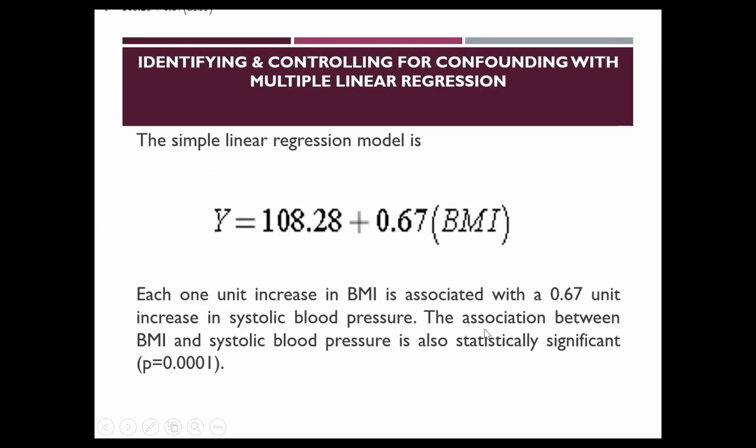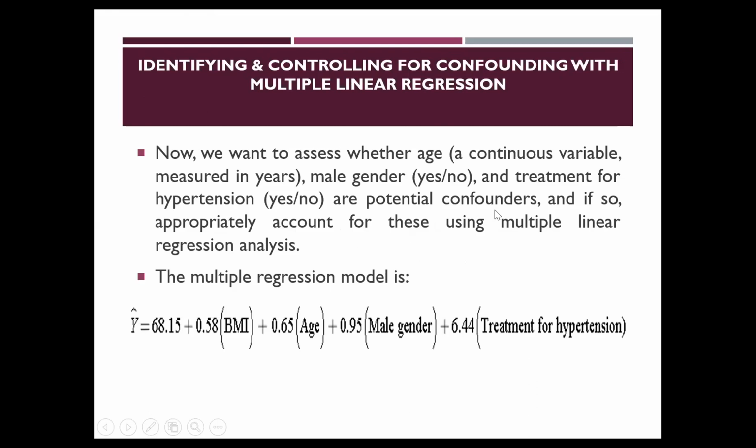I'll just go to an example here. This is how we get a simple linear regression equation, and this is the form of a multiple linear regression equation. You can see there are many beta values, or regression coefficient values, here.